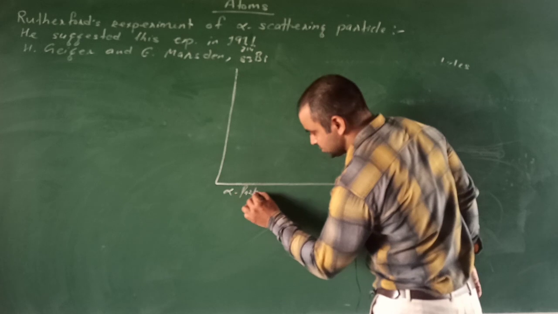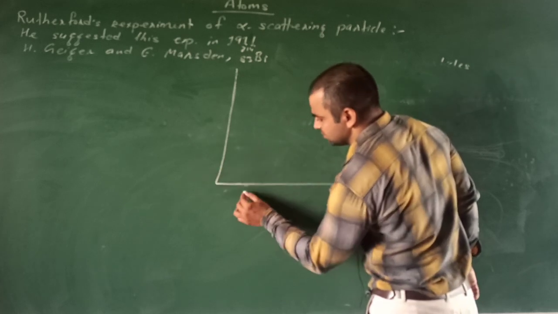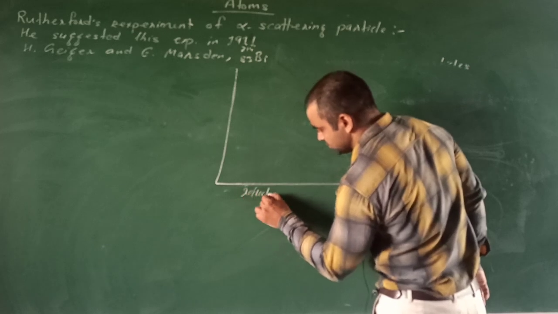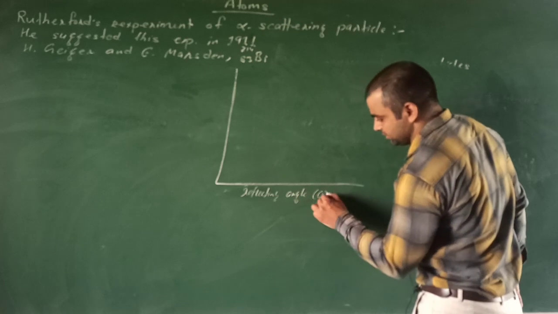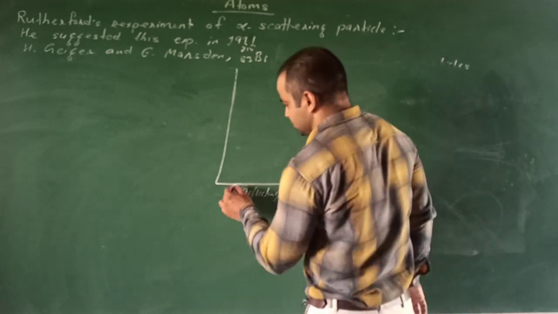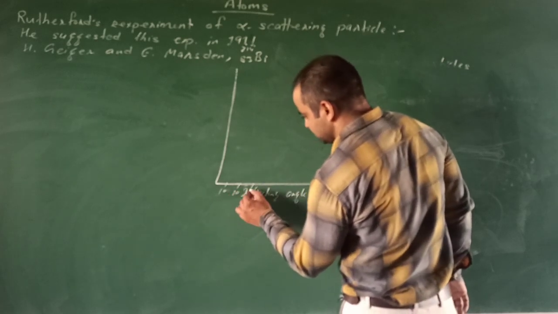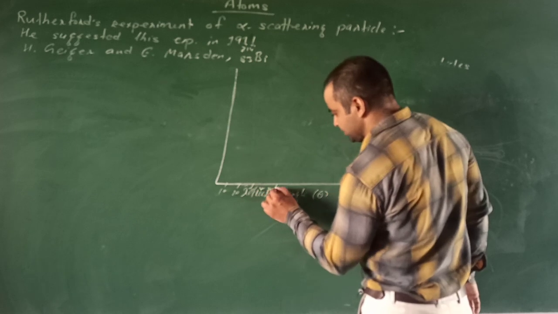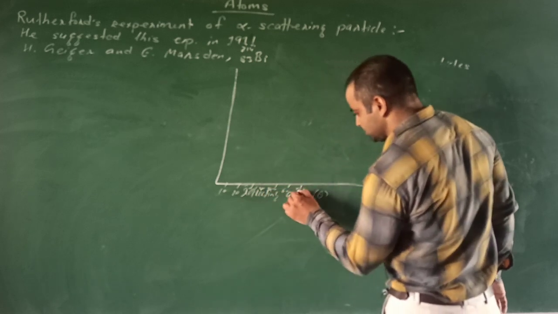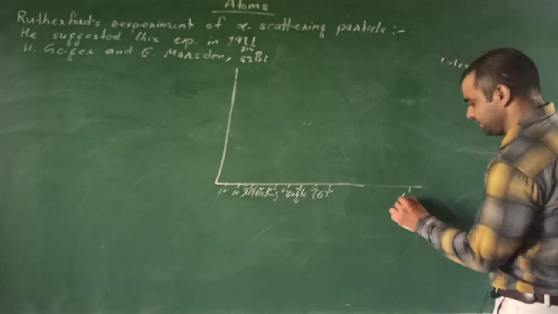Here is the deflecting angle theta: 10, 20, 30, 40, 50, 60, 70, 80, 90 up to 180 degrees.